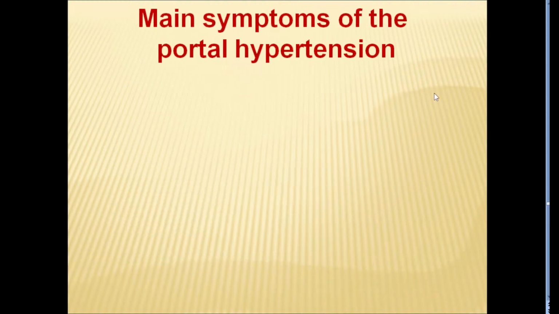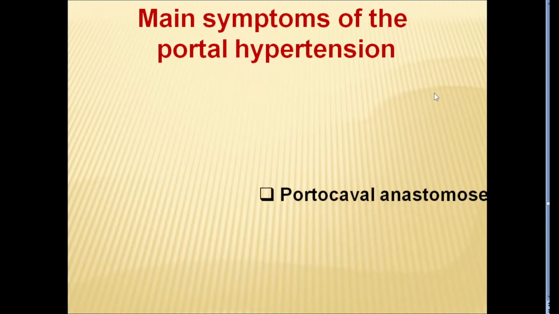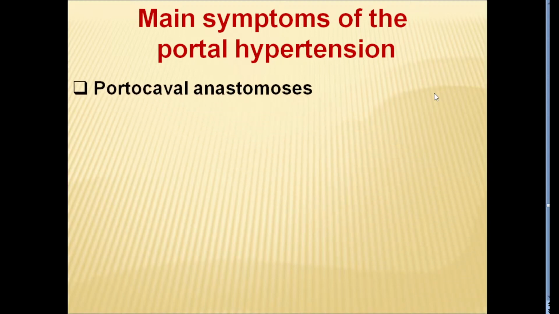What is characteristic of portal hypertension? If you remember its principles, you can easily explain the clinical symptoms. Due to restriction of blood flow through the portal vein system, porta-caval anastomoses will be formed. Due to increased pressure in the portal vein, some blood is absorbed into the abdominal cavity and ascites will be formed.